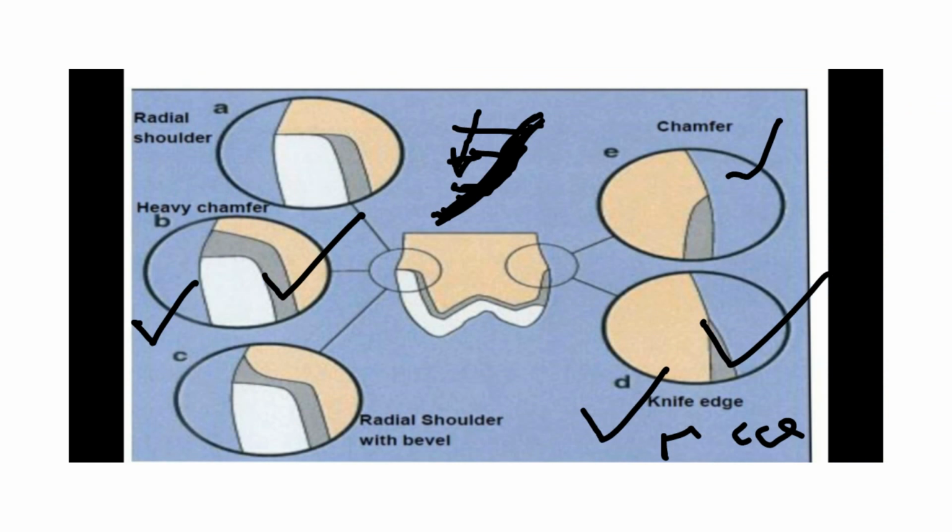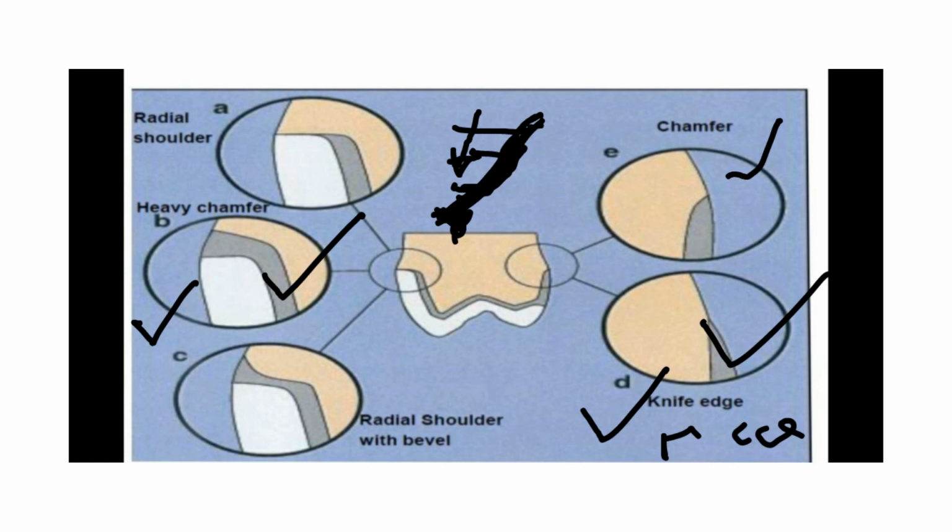But if we place a porcelain crown on the chamfer margin, what will happen? Porcelain is not as strong as metal, and it tends to break on chamfer margin.